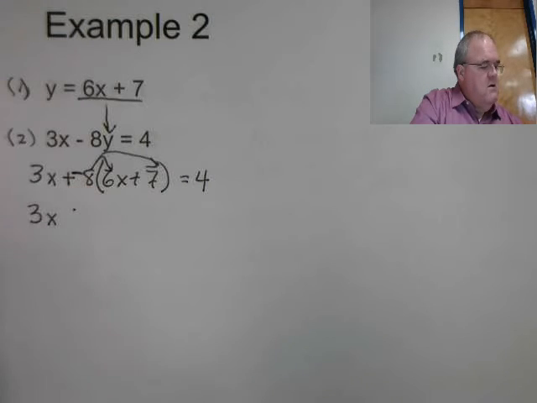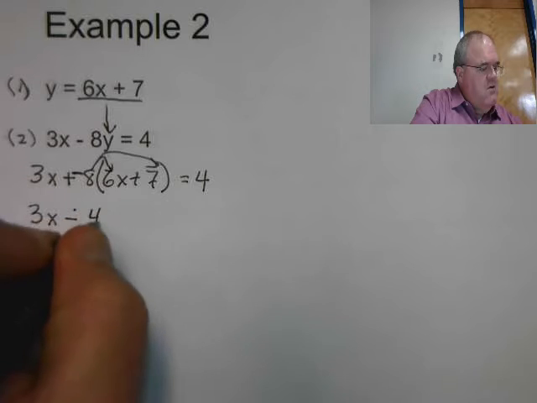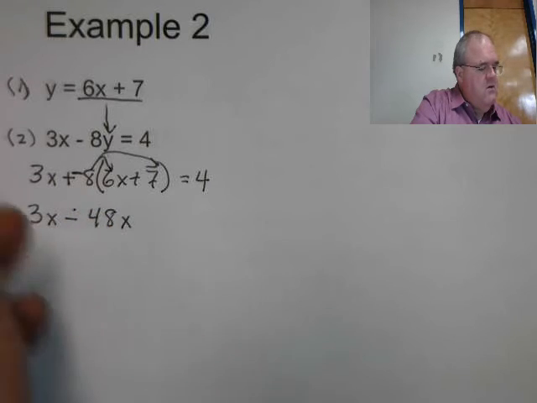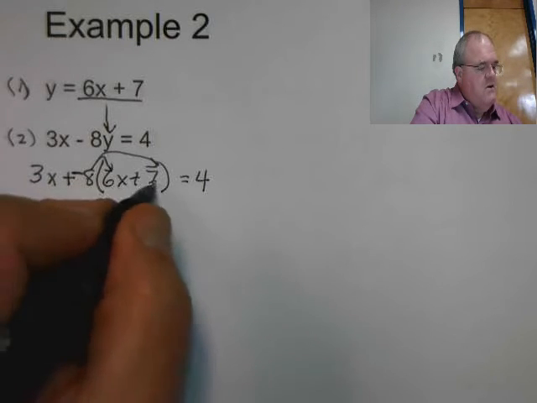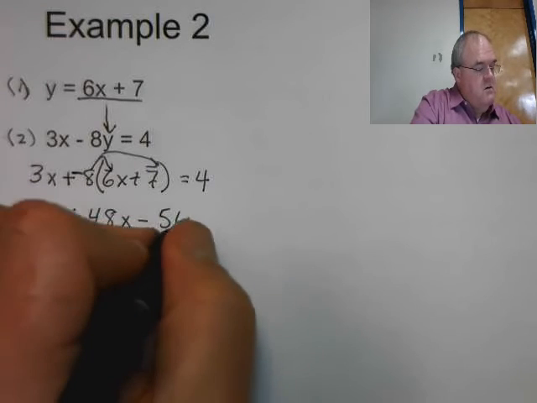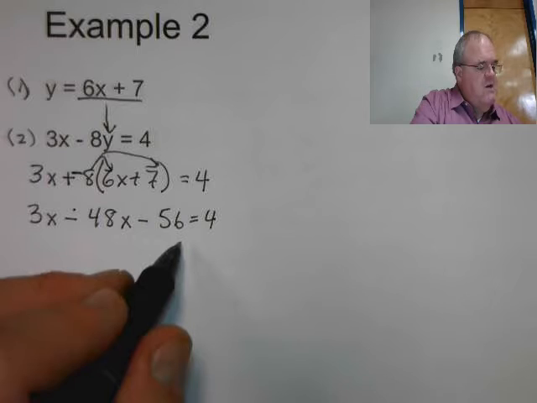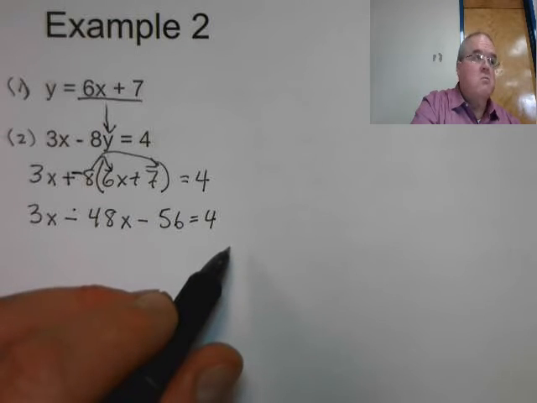So negative 8 times 6 is negative 48x. Negative 8 times 7 is negative 56. So I end up with 3x minus 48x minus 56 equals 4.